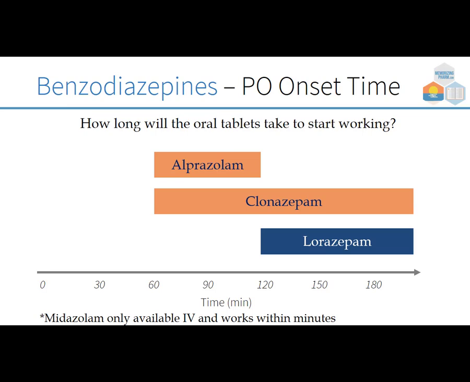We would rather use these for maybe there's an event that they're getting ramped up for, maybe there's some kind of presentation. It's important to know that it's going to be almost an hour before the alprazolam or clonazepam work, and lorazepam even maybe 2 hours. So if it's emergent, we would use something like midazolam, which is IV and works in minutes.